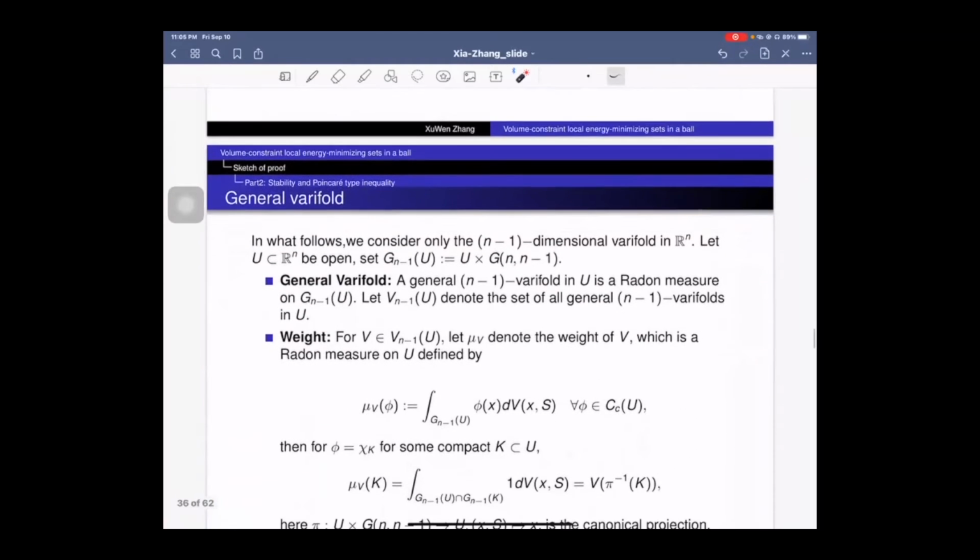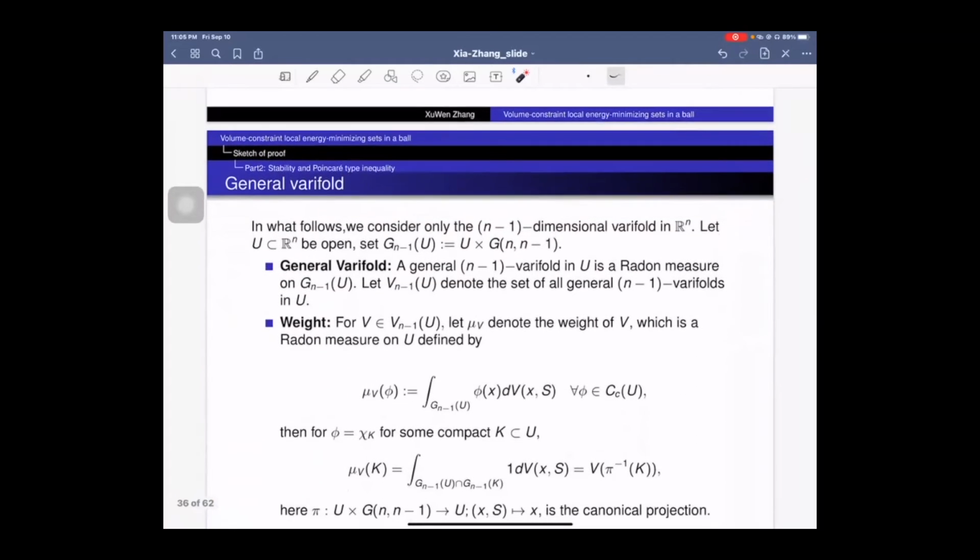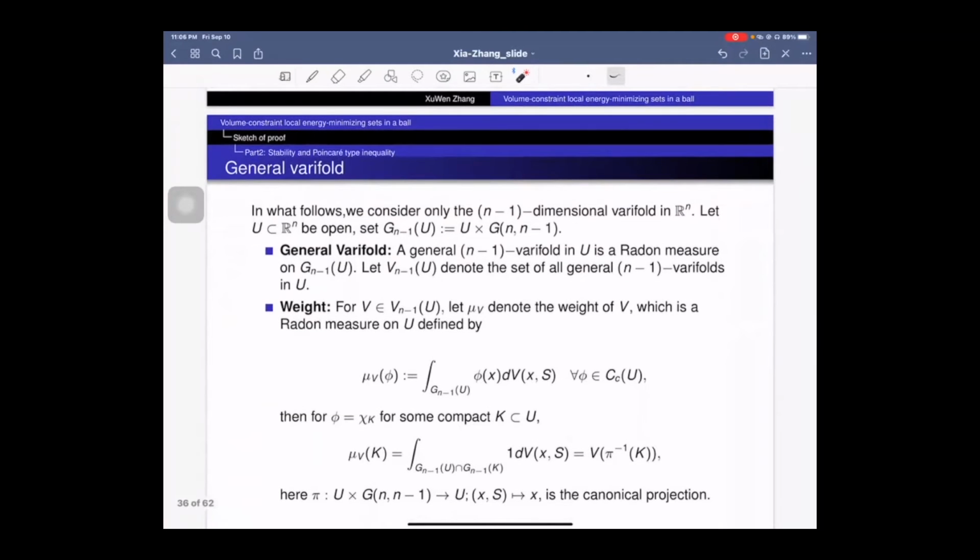And now, before we introduce the general varifold with a fixed contact angle with the boundary of omega, we will first have to recall some definitions of general varifolds. Let's consider the most simple case, the n-1 dimensional general varifold in R^n.